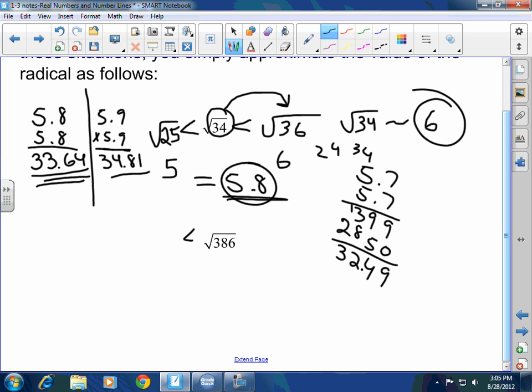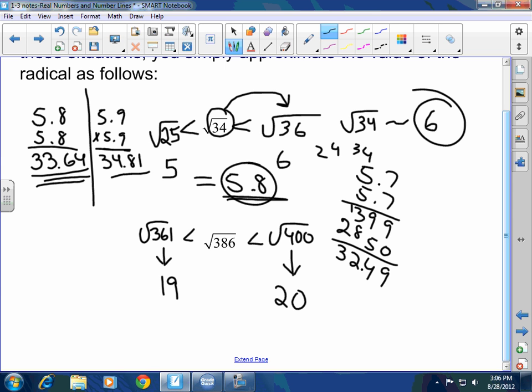Well, the first square root smaller than that is the square root of 361, which is equal to 19. And the perfect square larger than that is the square root of 400, which is 20. So I know that the square root of 386 is between 19 and 20.